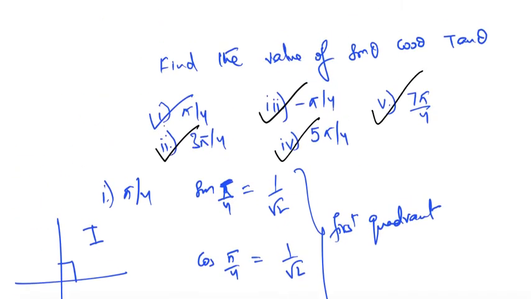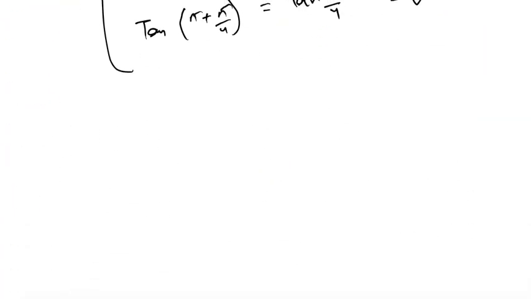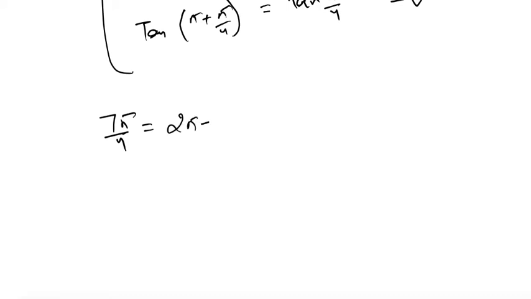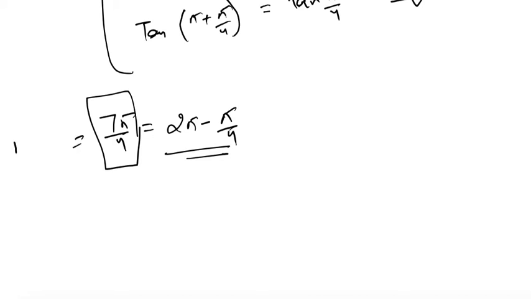Now we are left with 7 pi by 4. Let's understand how we can write 7 pi by 4. 7 pi by 4 is actually 2 pi minus pi by 4. If we solve this, we will get 7 pi by 4. So this is your fourth quadrant.